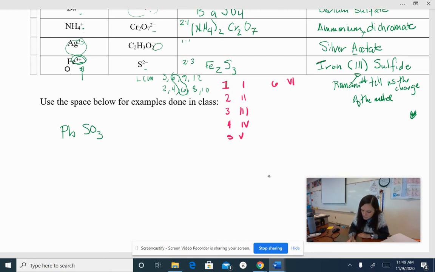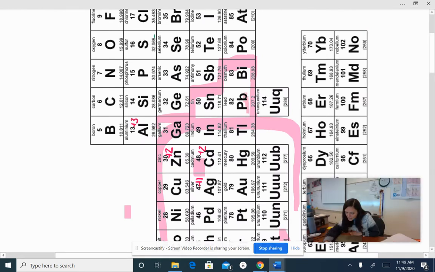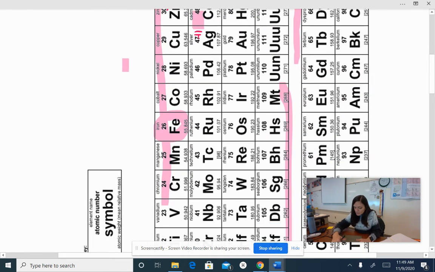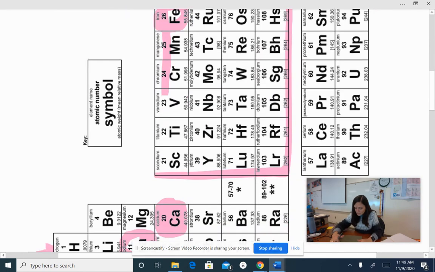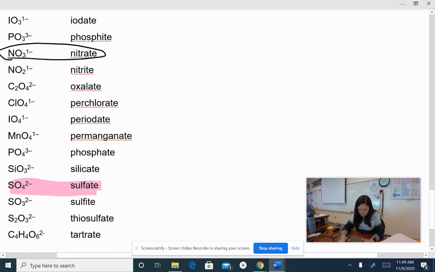Okay, now we need to figure out the charge of the lead. Lead is one of these metals right here. It can have multiple charges. So what we need to do is figure out the charge by what it's bound to. It's bound to SO3. So let's find SO3. Okay, here we go. SO3, sulfite. It's a -2.